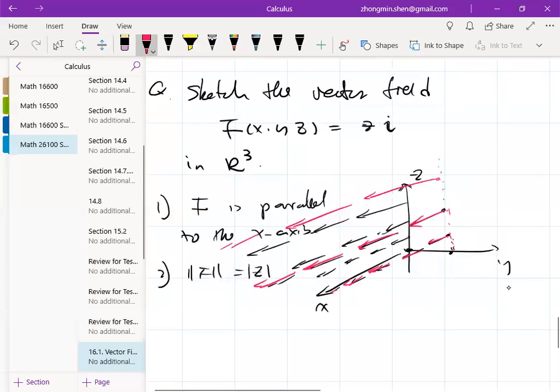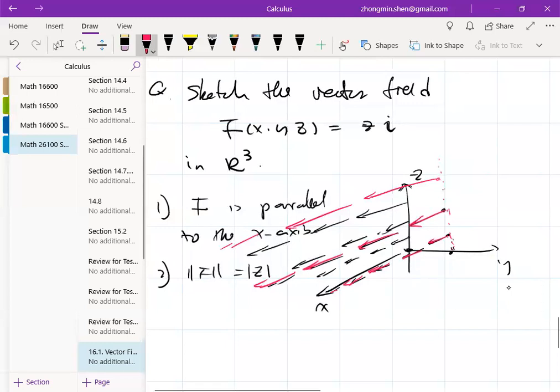When they are getting close to the XY plane, the length is getting shorter and shorter because it depends on the z value. Okay, it depends on the z value. So when it's getting higher and higher, it's getting longer.